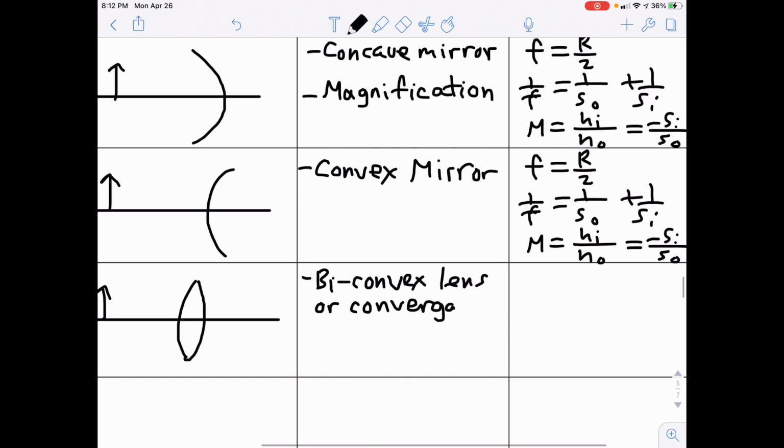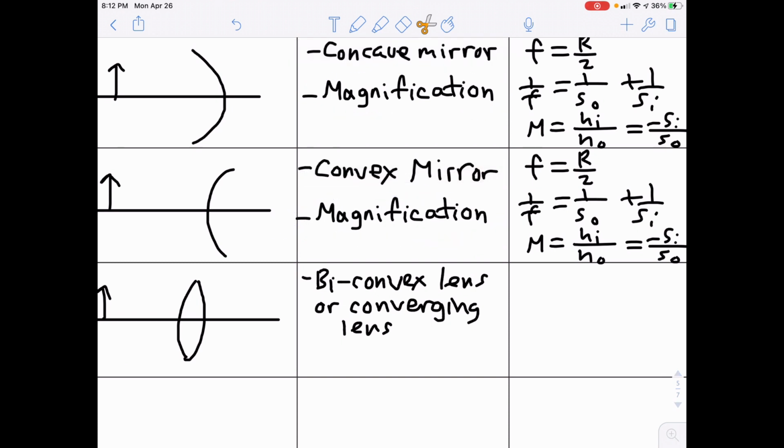Now, it's called a converging lens for the following reason. And yes, magnification is still the issue with all mirrors and all lenses.